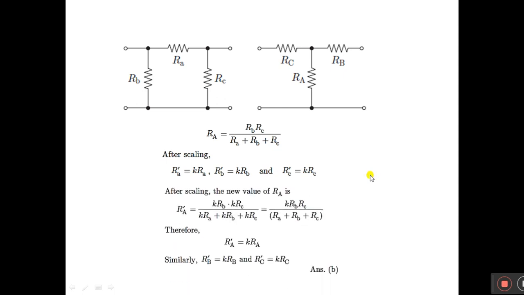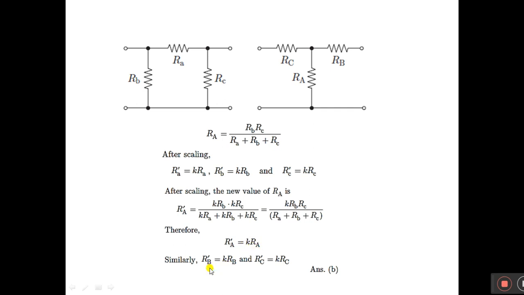If you apply all the values in this formula, K into RB, K into RC, divided by KRA plus KRB plus KRC. If you take K as common, here K square, and one K in the denominator cancels, you will get K into RB RC divided by RA plus RB plus RC. So this is the same as here, K into RA.